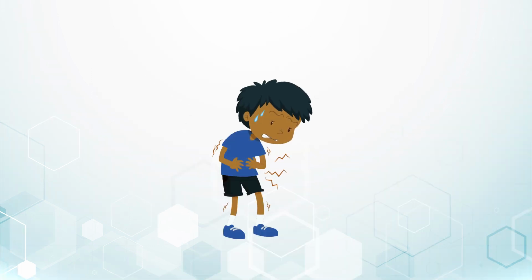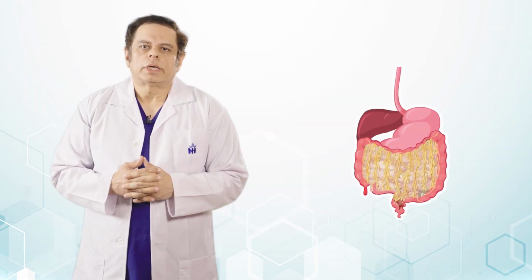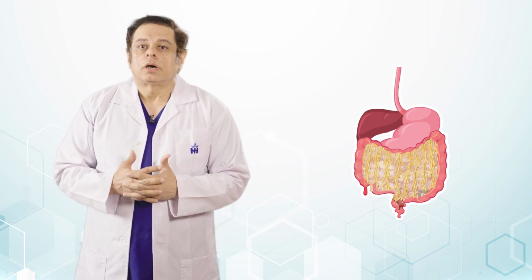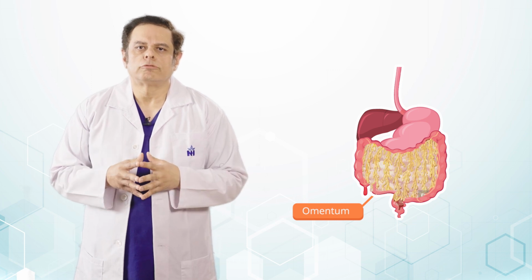Appendicitis in kids is a little different from adults because once the appendix gets inflamed, it can burst and cause the stools to leak out into the abdominal cavity. In adults, we have a fatty layer attached to the intestines called the omentum, which acts as a policeman and helps decrease the inflammation.